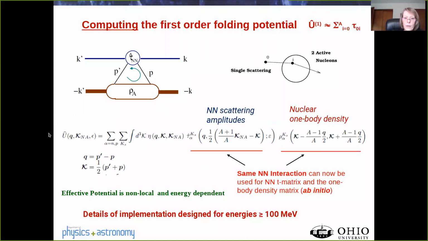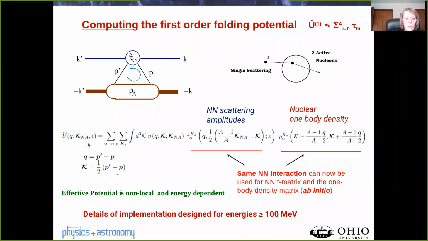There was a lot of work on how to deal with this in the 90s. However, in the 90s, we had high precision nucleon-nucleon potentials, but for nuclear structure, mainly what was available were mean field calculations. You also can look at this one here if you just stare a little bit at the equation. First of all, it's non-local.